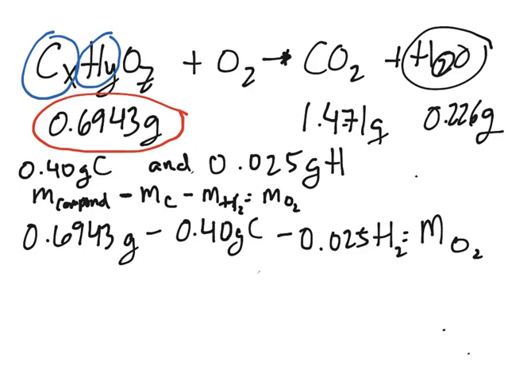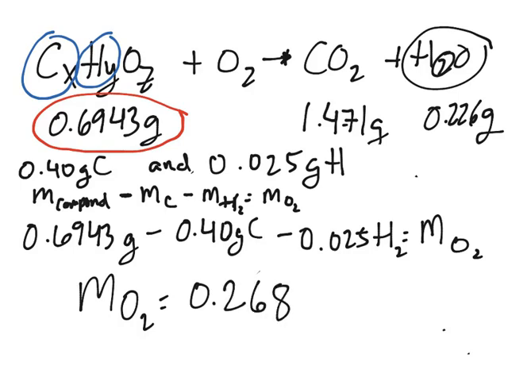And what this subtraction gives us is the mass of oxygen is about 0.268 grams. So this is pretty much the most complicated part of the problem. Now you simply have to find the empirical formula by using the method I showed you before. So let's do it really quickly.